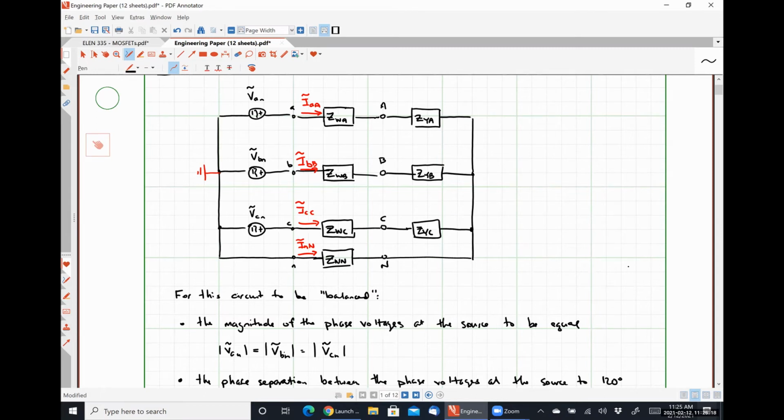Similarly, the phase currents at the load are going to be 120 degrees out of phase with each other. That means that the phase voltages at the load are going to be 120 degrees out of phase with each other. That means the line voltages at the load are going to be 120 degrees out of phase with each other.